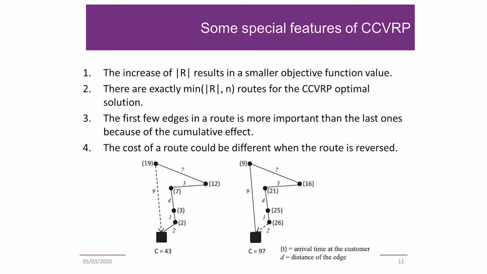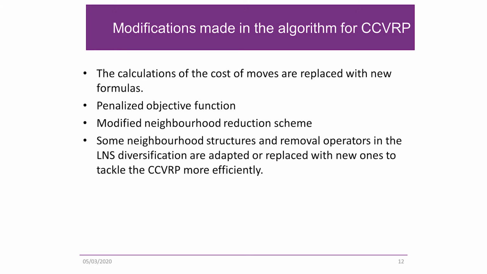This number is much higher than the other one because we have a few long edges at the beginning, and because of the cumulative effect, we have a much higher cost. So because of the special properties of the CCVRP, we have to make some modifications to our algorithm.